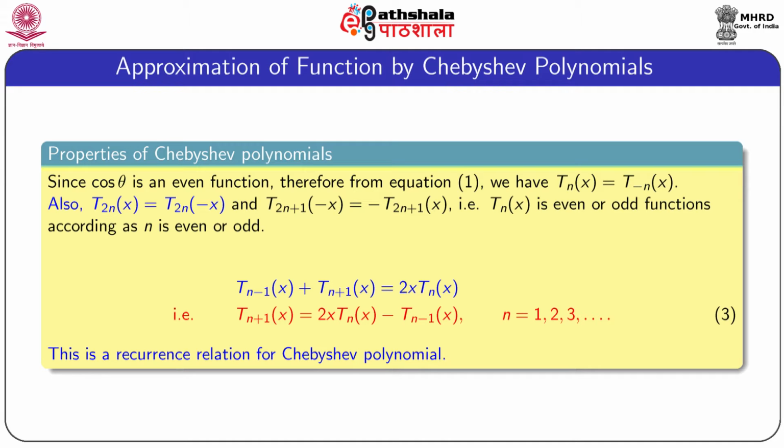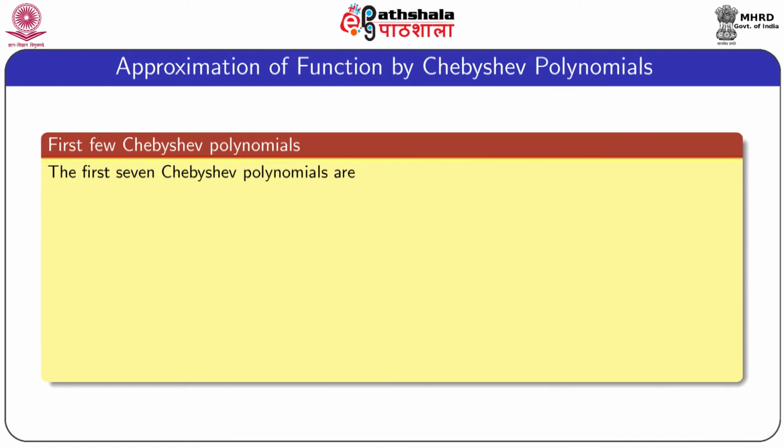This is true for all n equal to 1, 2, 3 and so on. This is the recurrence relation for Chebyshev polynomial. So, from this recurrence relation we can generate any order Chebyshev polynomial.